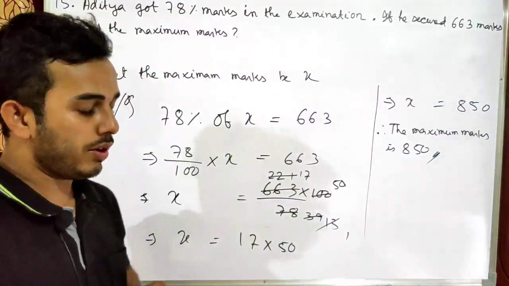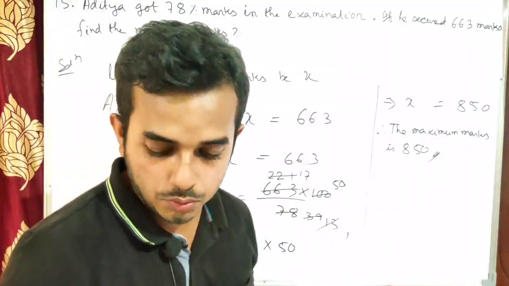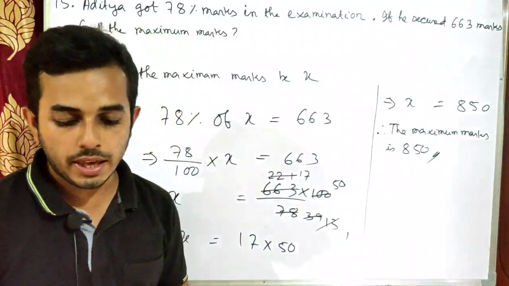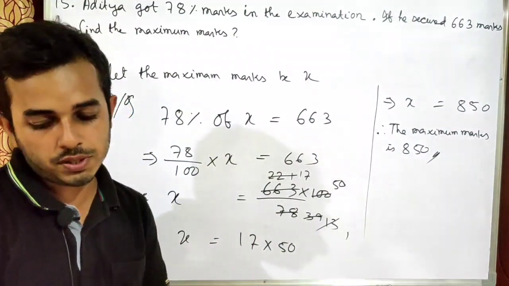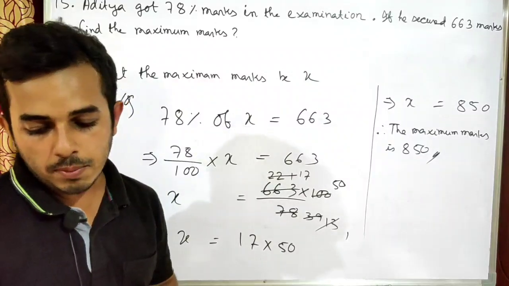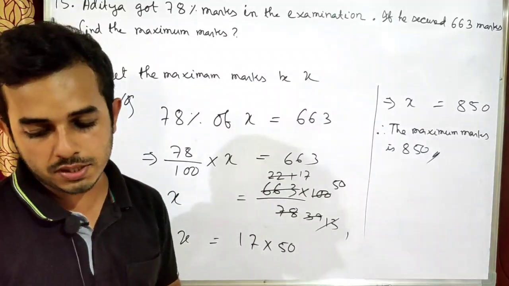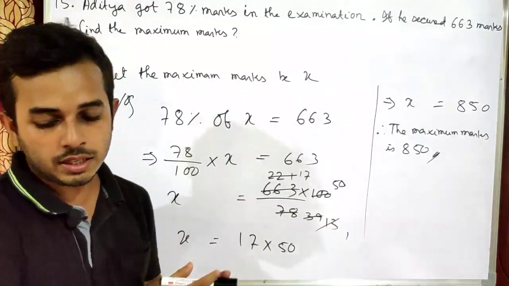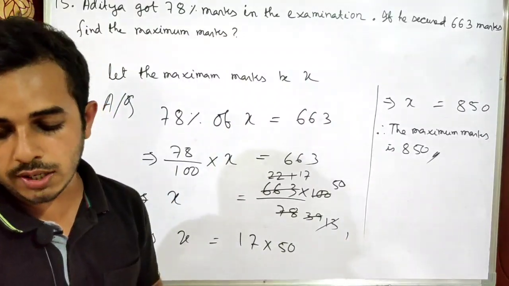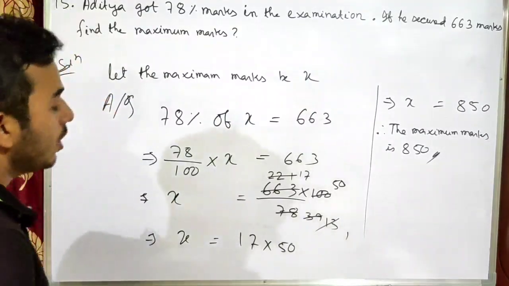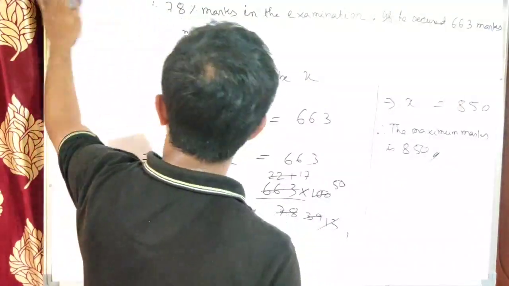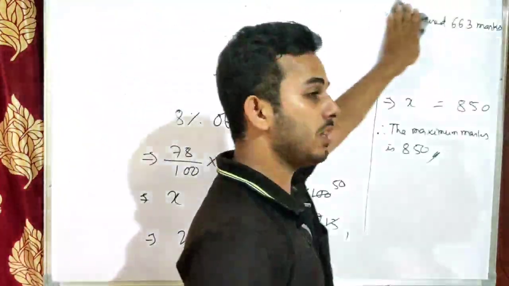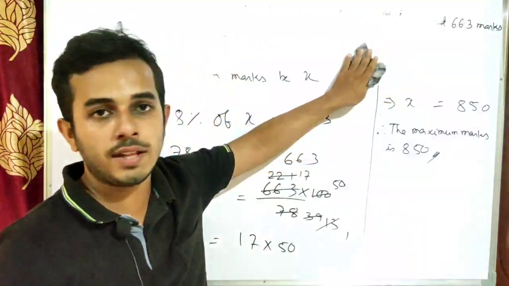Okay, so now let's move to our next question, question number 16. Ashish's monthly income is rupees 9600. His monthly expenditure is 60% of his monthly income. What is his saving per month? His monthly income is 9600, and from it he spends 60% of 9600.